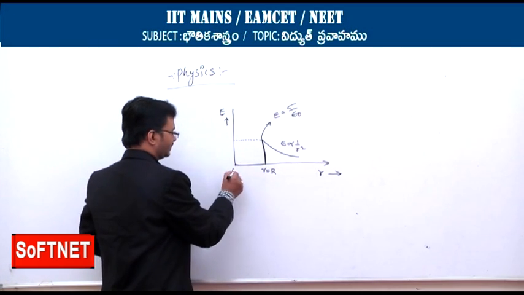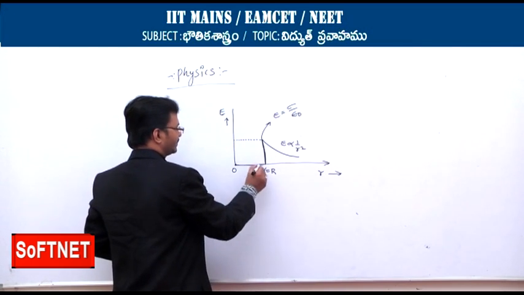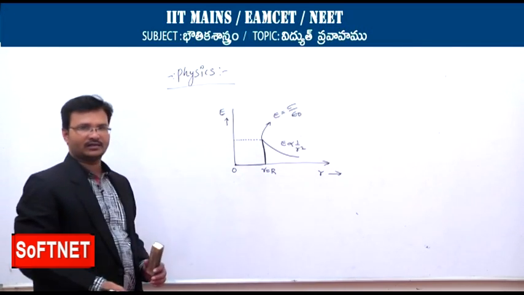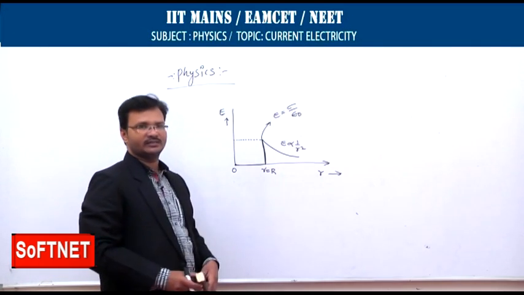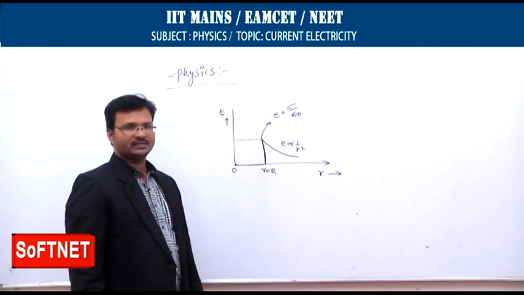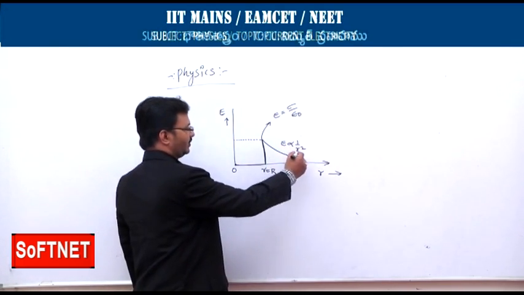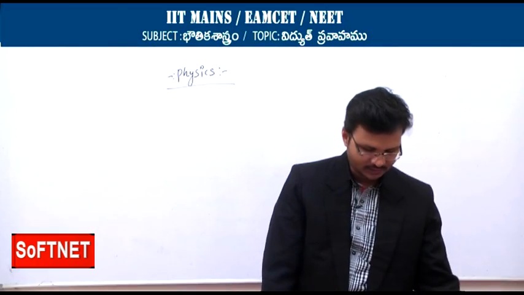From the origin, the center of the sphere, to the surface there is no electric field intensity. On the surface it is maximum. Moving away from the surface, the electric field decreases. Now, we discuss some problems.